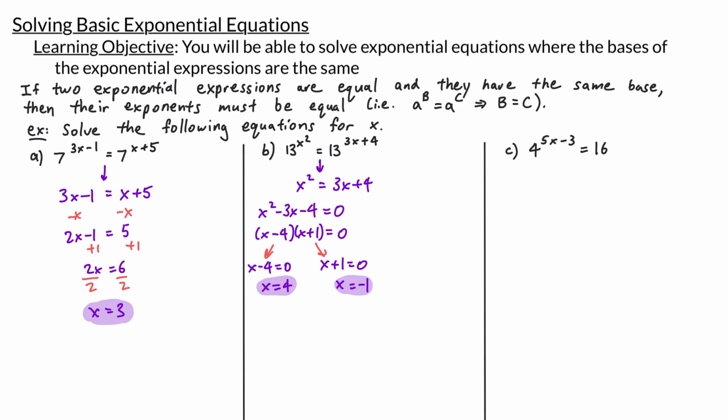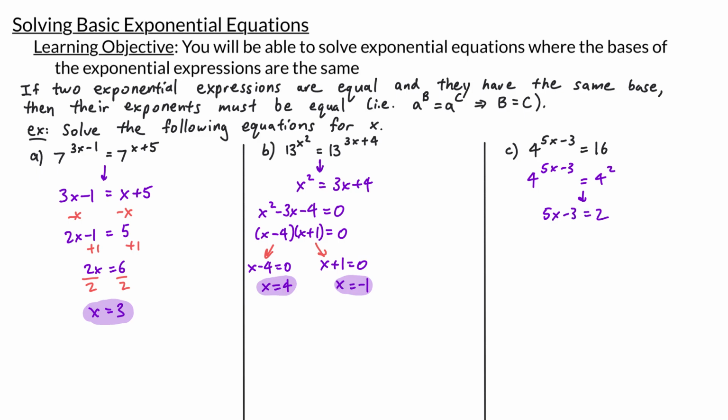16 can be thought of as 4 squared, so we can rewrite our equation as 4 to the power of 5x minus 3 equals 4 squared. Now that we have exponential expressions on both sides and they have the same base, we know that their exponents must be equal to each other. We must have 5x minus 3 equal to 2.